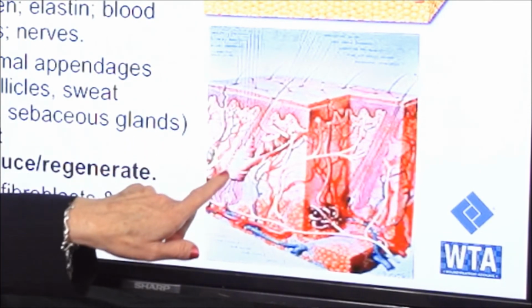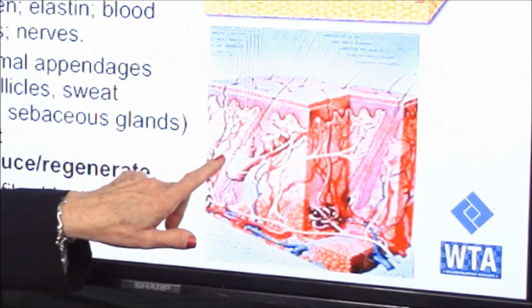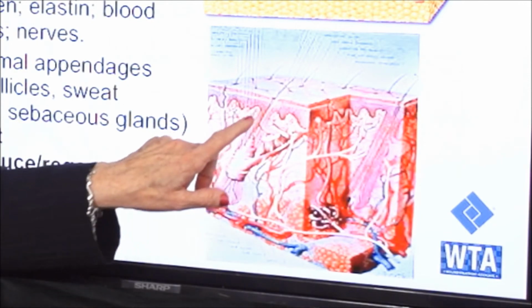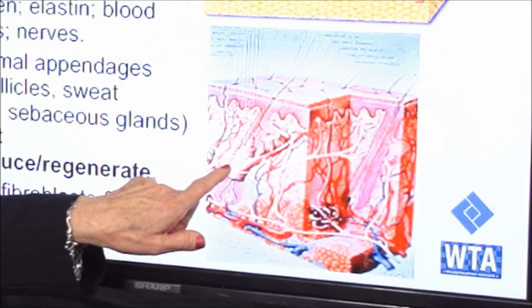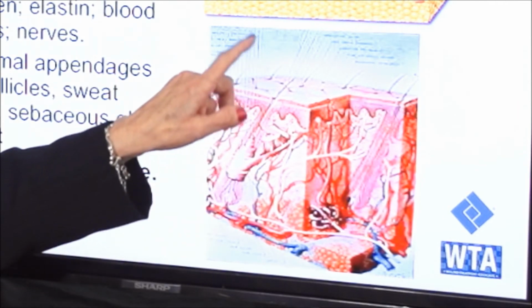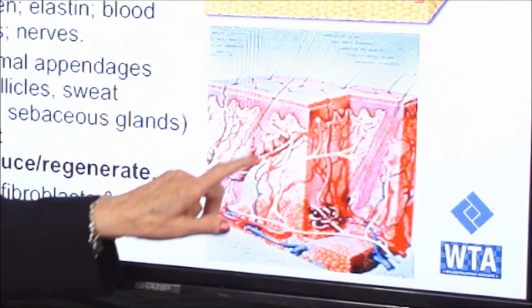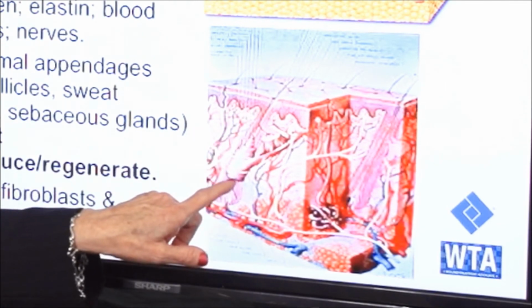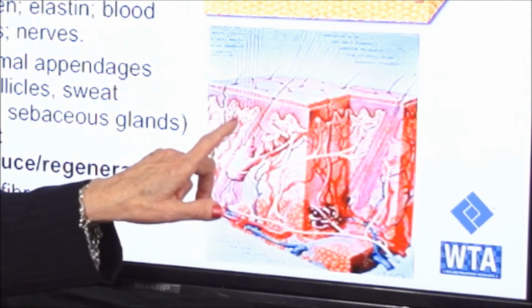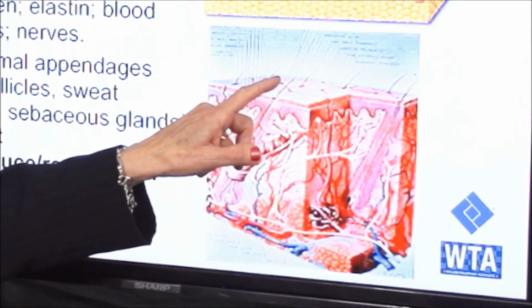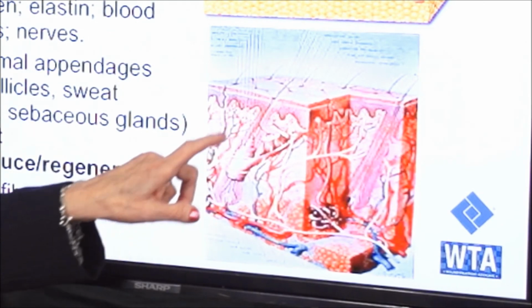These hair and sweat follicle appendages, the base of those epidermal appendages actually reside down in the dermal tissue. They protrude out through the epidermis. Also, another feature of these epidermal appendages here, the hair and the sweat follicles and the sebaceous glands, is that they're actually lined with epidermal cells.